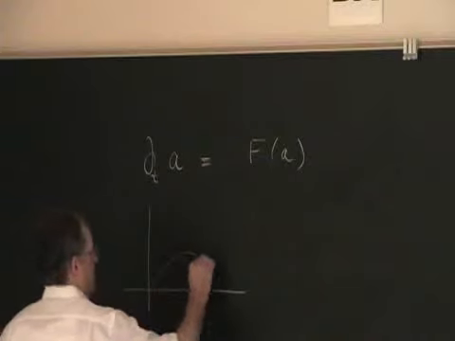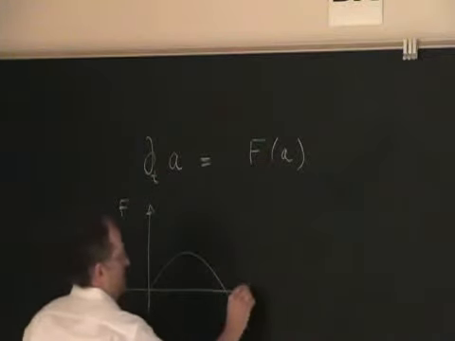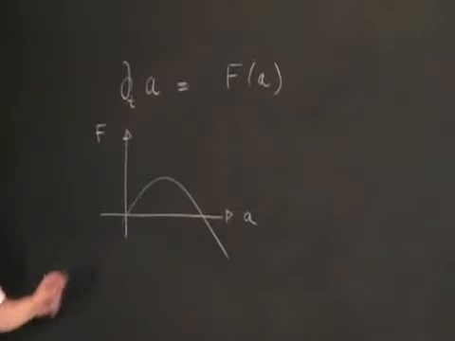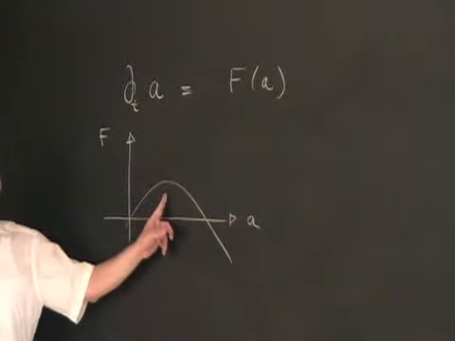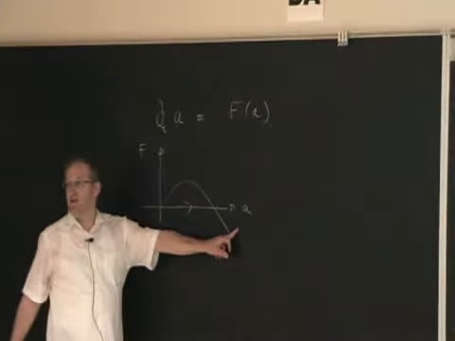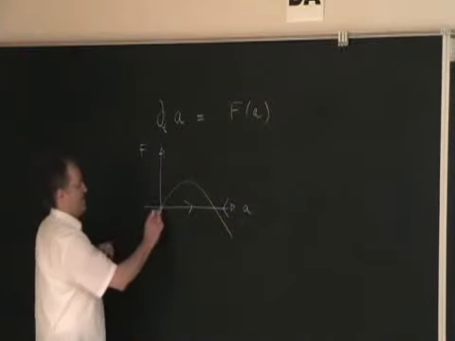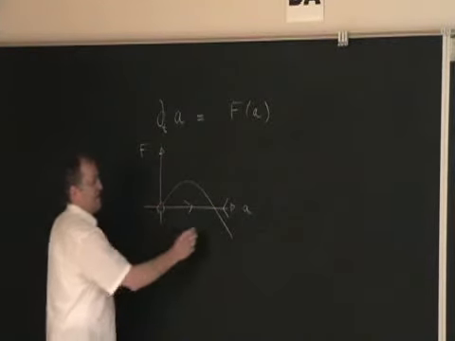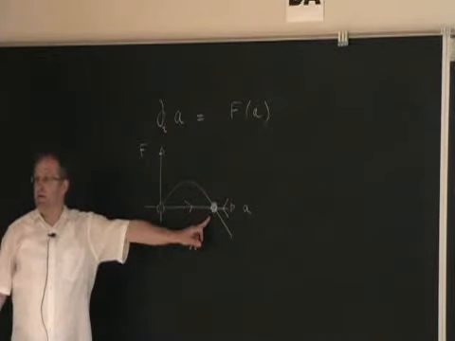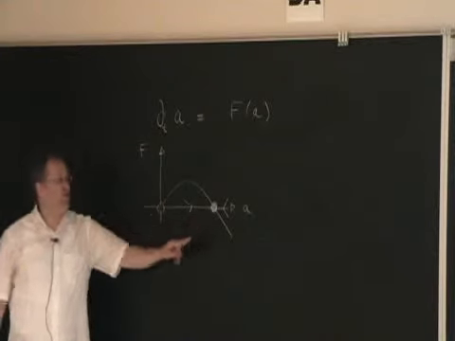You could have a situation like this, where your function f of A has this structure. Here the function is positive, so the flow goes this way. Here the function is negative, so the flow goes that way. That means this is unstable and this is stable. That would be a situation where you have all cooperators, mutual benefit.